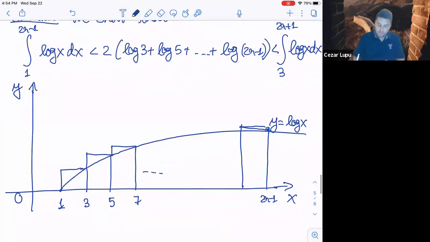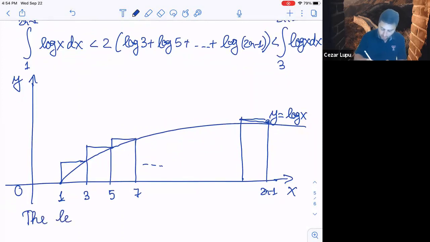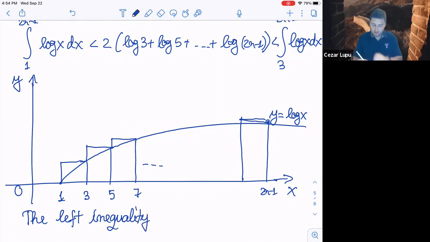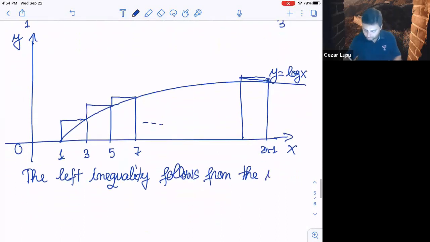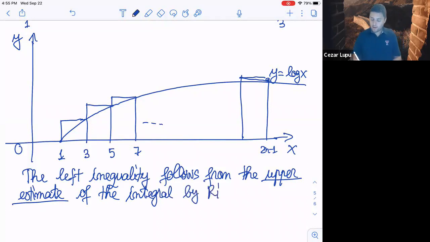All right. So if you look at the left inequality, it follows from the upper estimate of the integral by Riemann sums. And why is that?